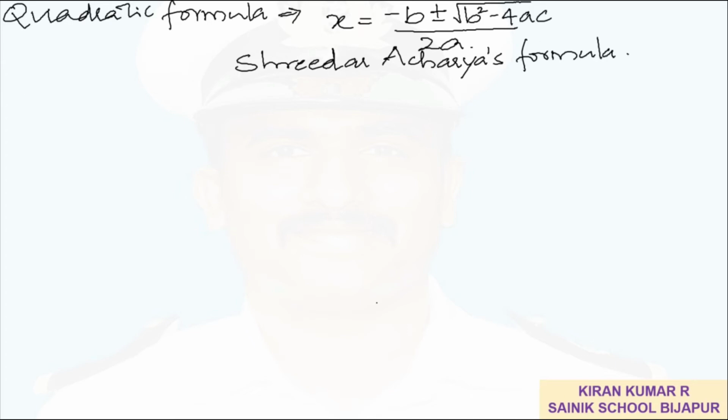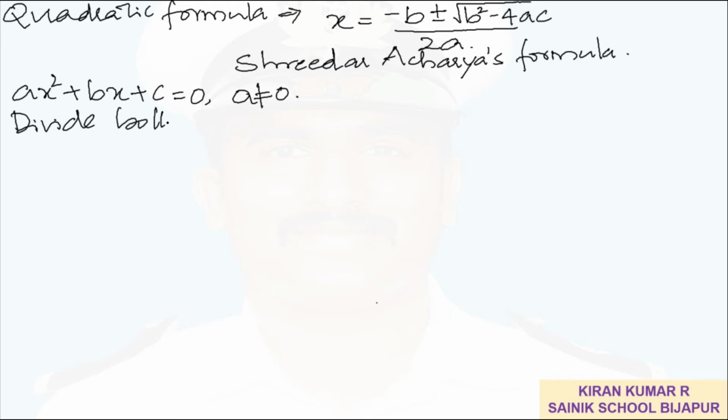I'll be telling the proof part of the formula. Let us consider the general form ax square plus bx plus c equal to 0, where a is not equal to 0. Let me divide both sides by a so that the coefficient of x is taken out.